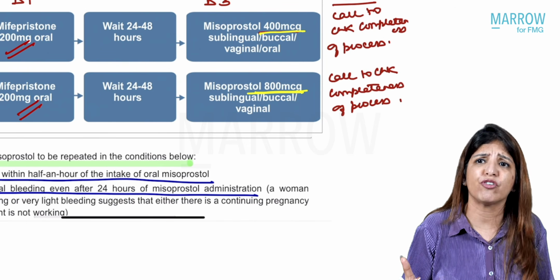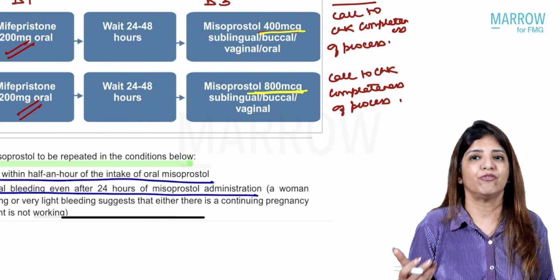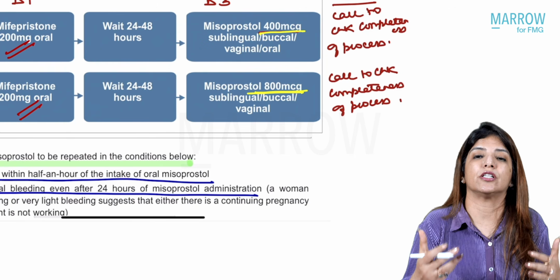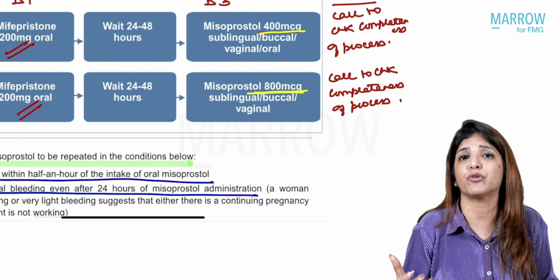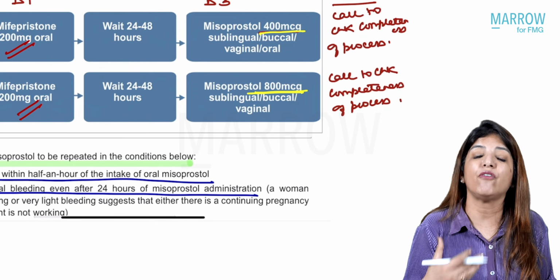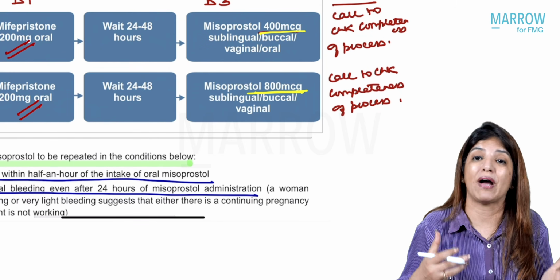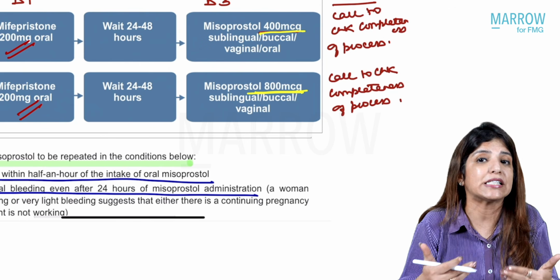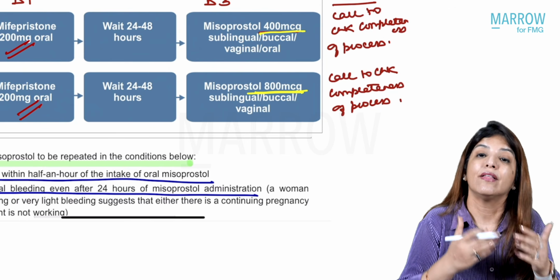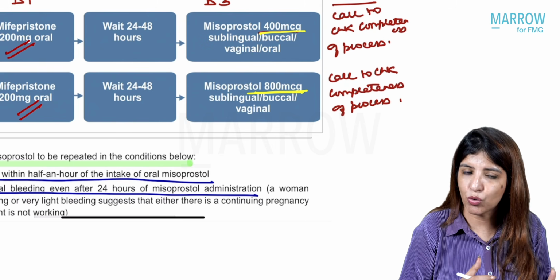I will know because the female is saying that she had bleeding, but now the bleeding has stopped. If the bleeding has stopped, if internal os is closed, I'm sure the process is complete and I don't need to get an ultrasound done. Only if I am unsure that the process might not be complete, there may be some POC in the uterus, then in that case, I'm going to get an ultrasound done. Is that clear to all of you?